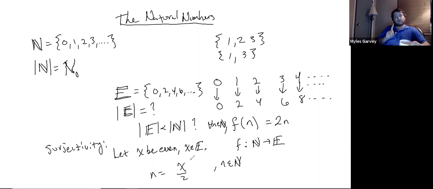Therefore, this is a surjective function, because if you give me a number in the codomain, I'm able to give you a number in the domain which maps to it. The mapping in this case is being defined as an explicit rule, which doesn't always happen, but in this case it does. What about injectivity?